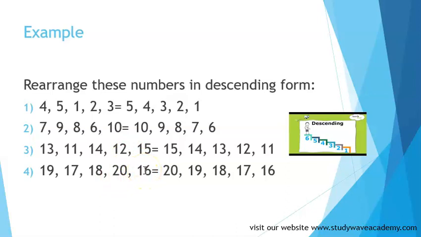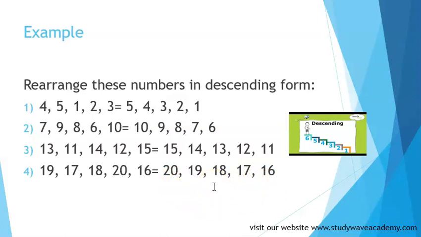The biggest number is 20. So before 20 we have 19, before 19 we have 18, before 18 we have 17, and before 17 we have 16. So we say 20, 19, 18, 17, 16. Did we get that?